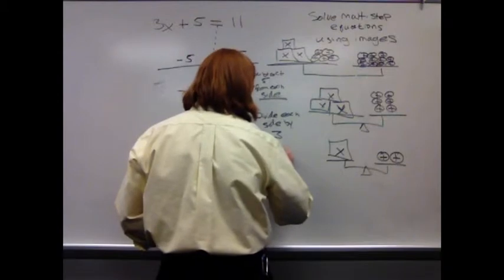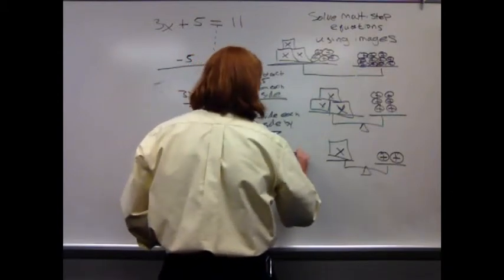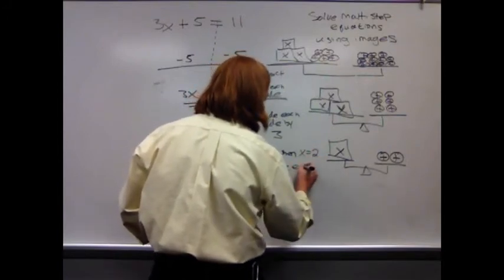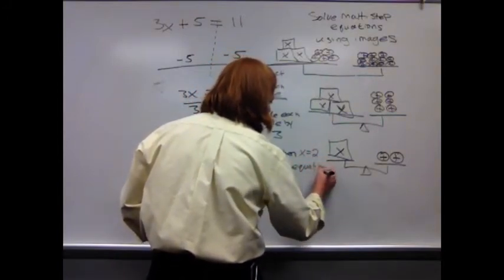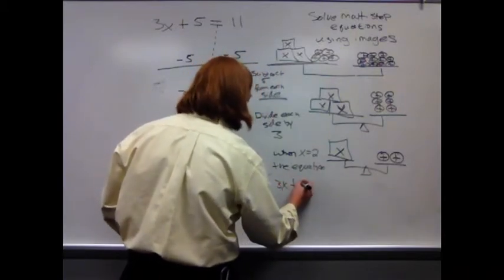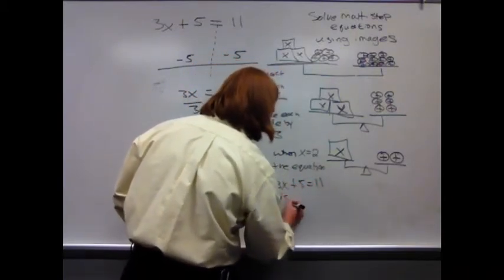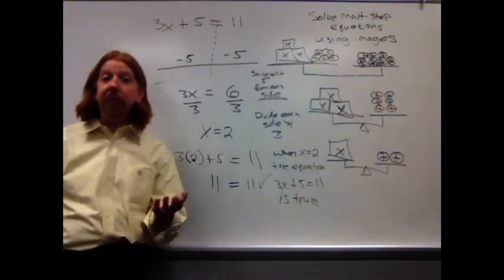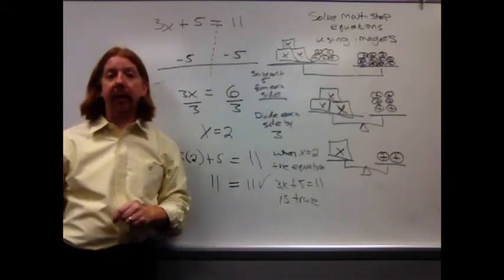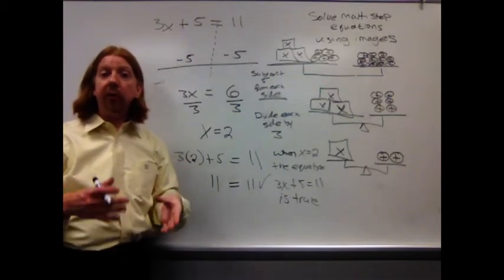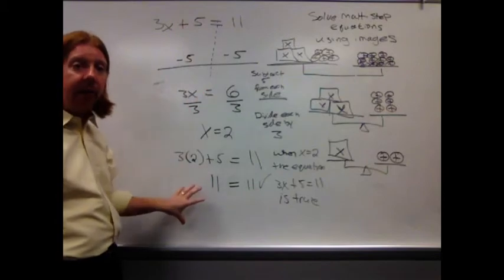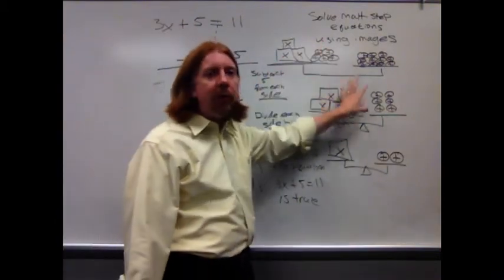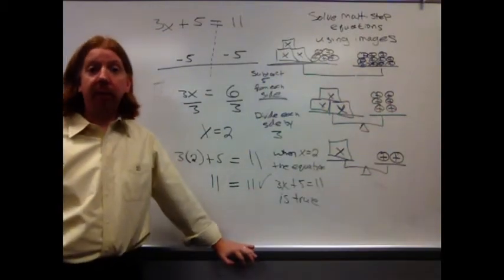So, because when x is equal to 2, the equation 3x plus 5 equals 11 is true, now I know that I have the correct value to plug in back here. Remember, our goal was to solve this using a combination of algebra, to write out in English what each step was, and then to visually show the process as we work our way down.